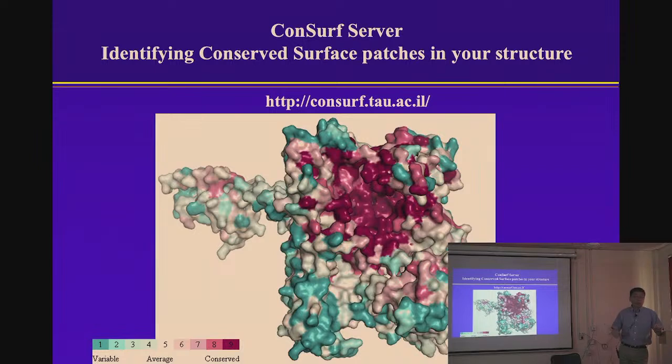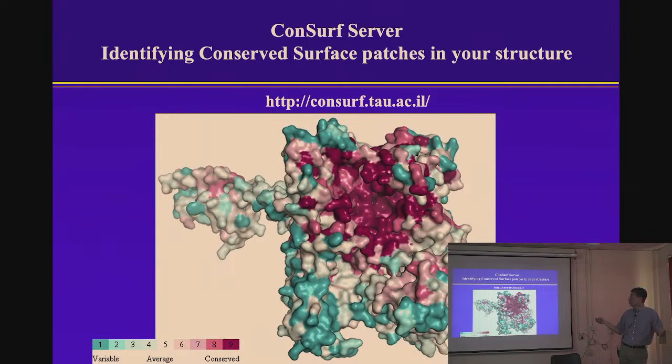Then it does a BLAST search against all sequences and finds all its homologs. Then it calculates conservation at each residue of your protein. That conservation can then be used to color the structure.